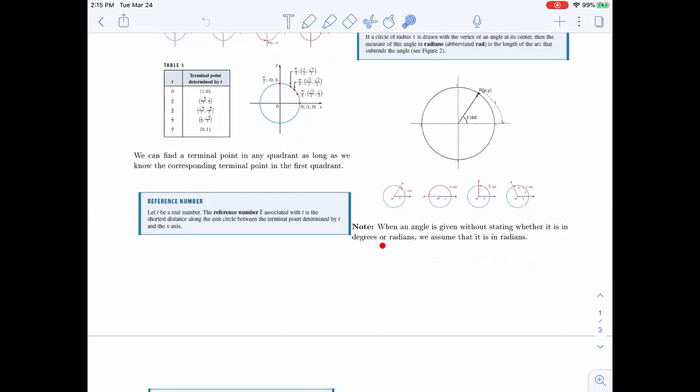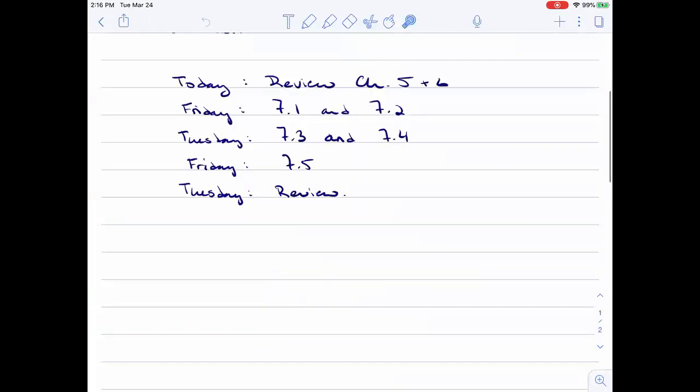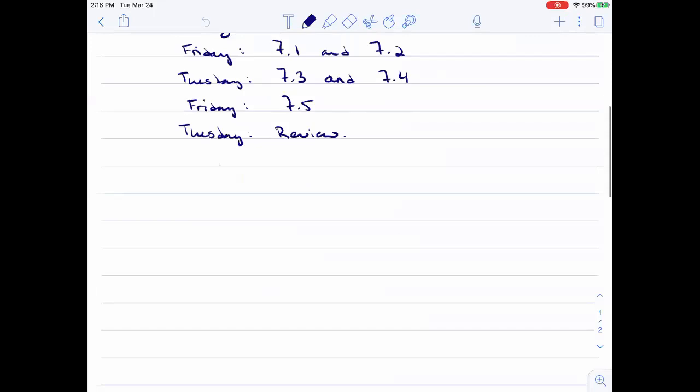One thing to keep in mind, especially for this course, but also later in calculus: unless it says the angle is in degrees, the angle will be in radians, right? And so I'll make that a note on our end here. Let's do a little review from last day.